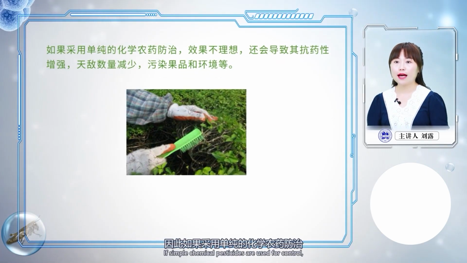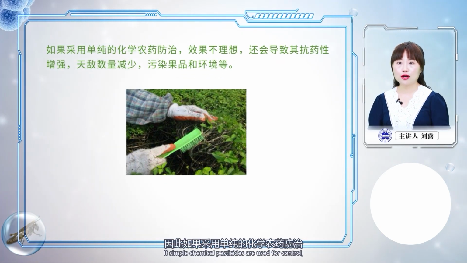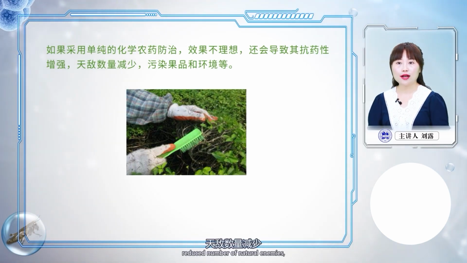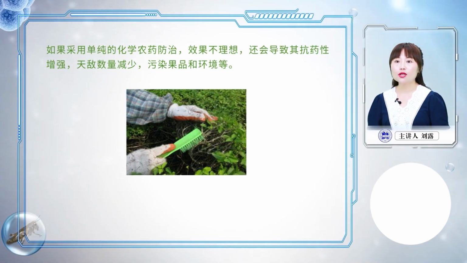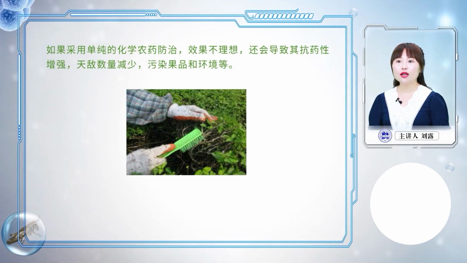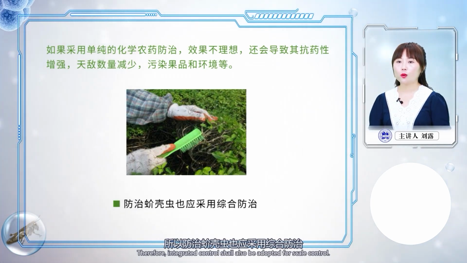If simple chemical pesticides are used for control, the effect will be unsatisfactory, which will also lead to enhanced drug resistance, reduce the number of natural enemies, and pollution to fruits and the environment. Therefore, integrated control shall also be adopted for scale control.